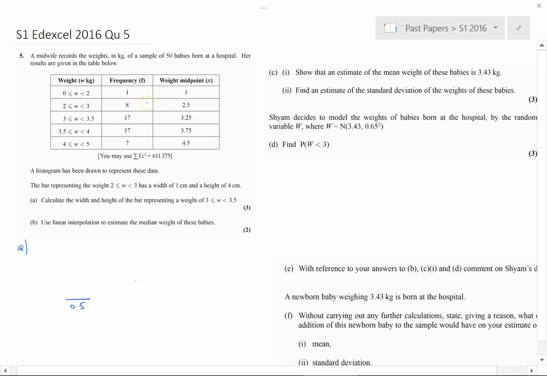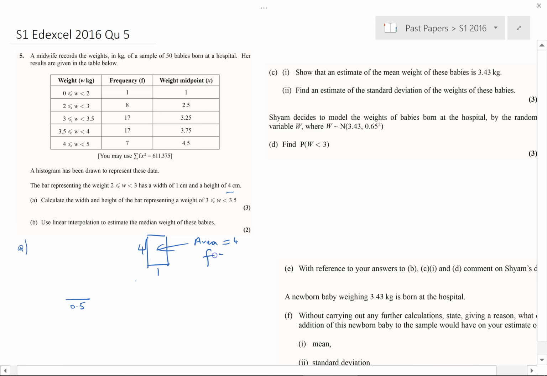it also says the height of this thing was 4. Let's just draw that actually. We've got 1 times 4, and that's obviously got an area of 4.